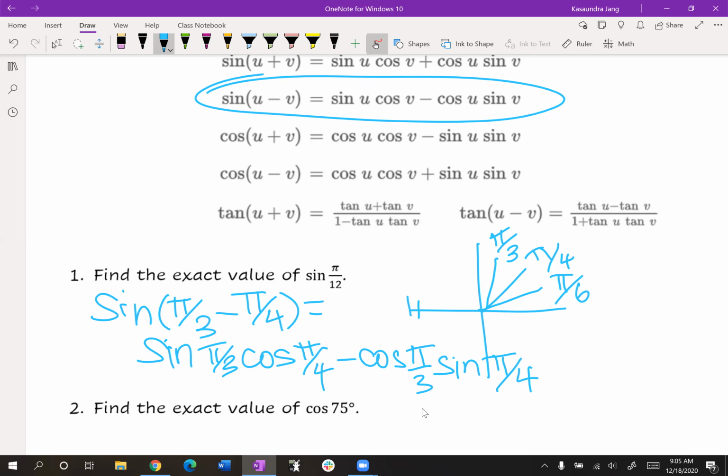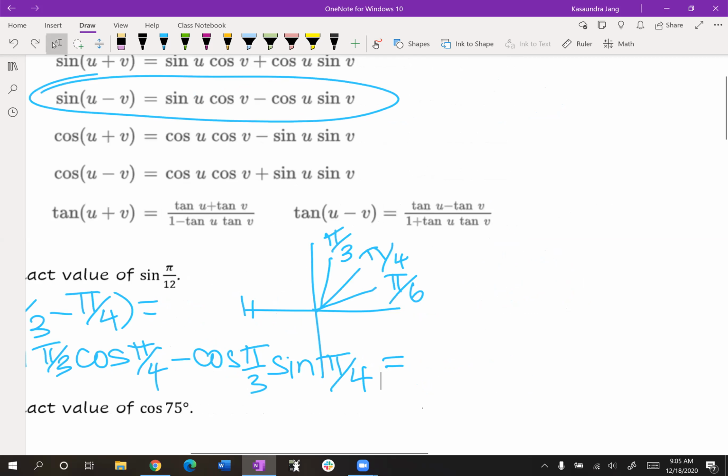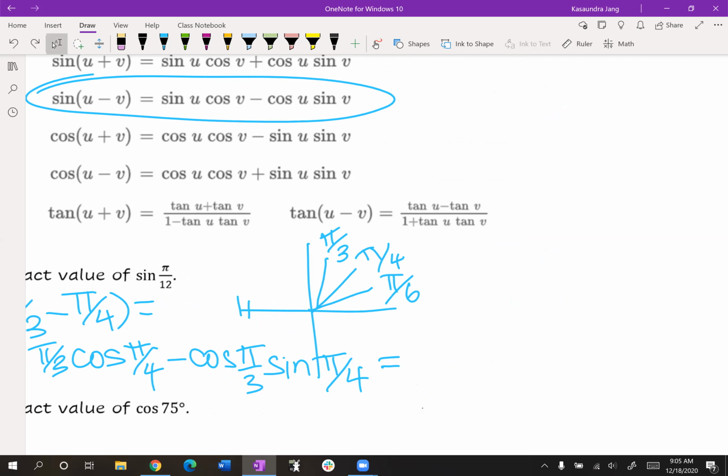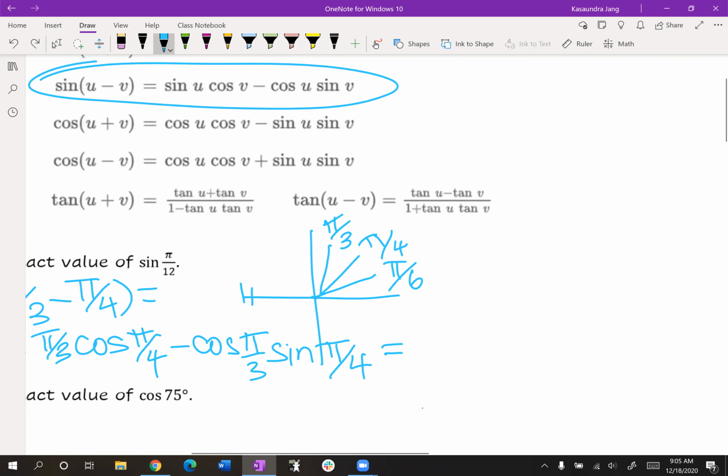Okay. So I think we know sine and cosine of all of these angles. My sine of pi thirds, my y value, is √3/2, times my cosine of pi fourths.